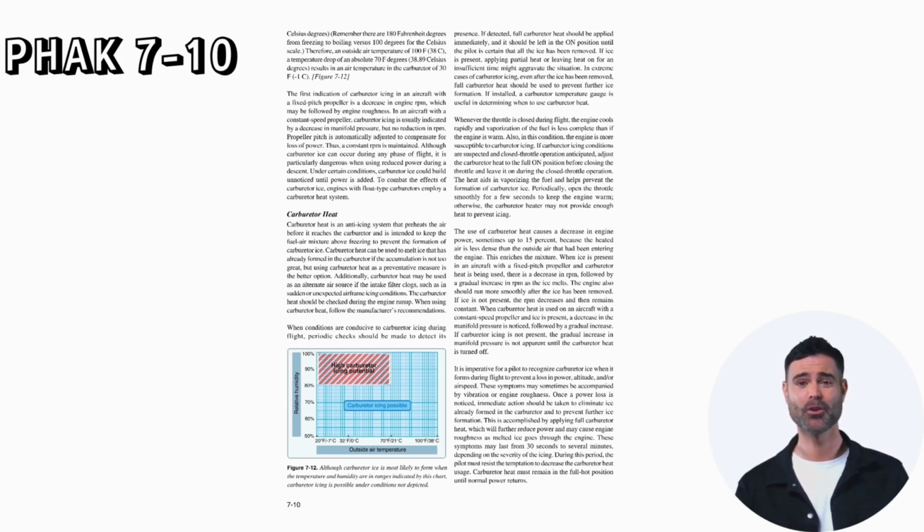Whenever the throttle is closed during flight, the engine cools rapidly, and vaporization of the fuel is less complete than if the engine is warm. Also, in this condition, the engine is more susceptible to carburetor icing. If carburetor icing conditions are suspected and closed throttle operation anticipated, adjust the carburetor heat to the full on position before closing the throttle and leave it on during the closed throttle operation.